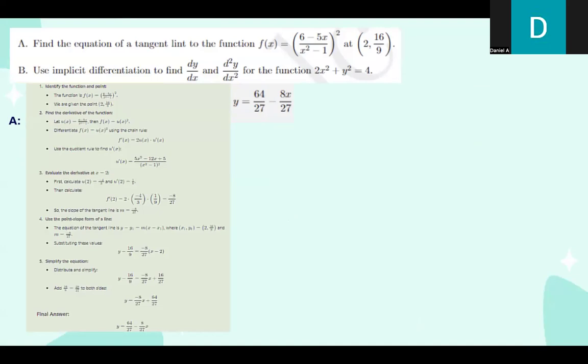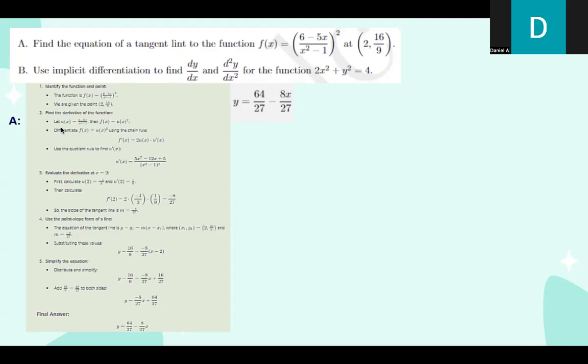The first step is to identify the function and the point. The function is f(x) = ((6 - 5x)/(x^2 - 1))^2, and we're given the point (2, 16/9). Now we need to find the derivative of the function.